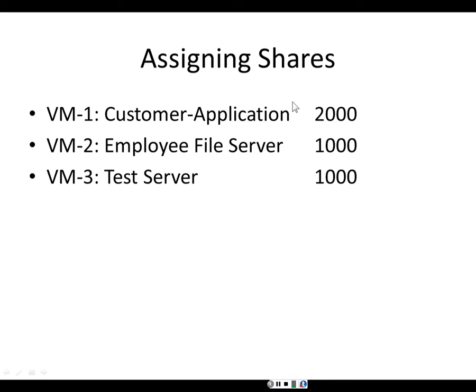So what we're going to do is assign shares, and shares are relative numbers. If we assign the customer application 2,000 shares, the employee file server 1,000 shares, and the test server 1,000 shares, then that will give the customer application virtual machine 50% utilization of the CPUs in the ESXi host. So let's allocate those shares.